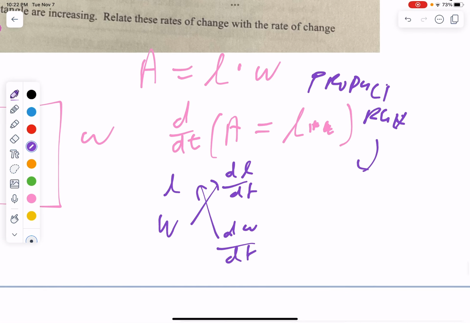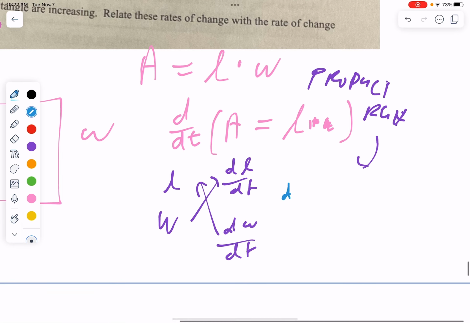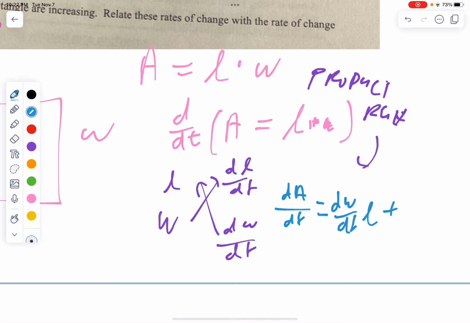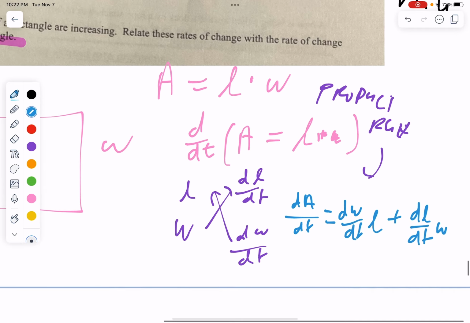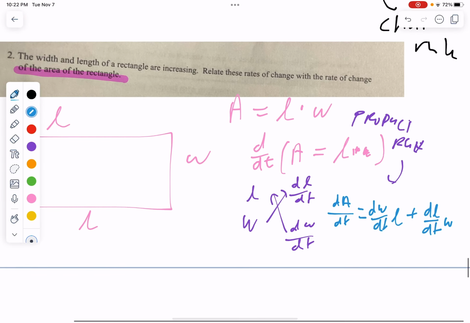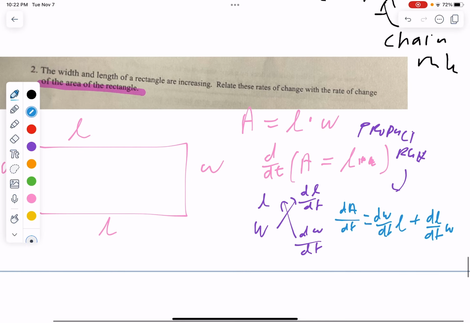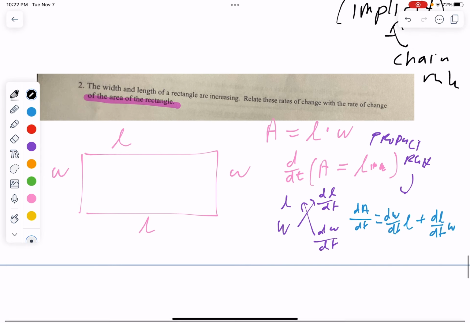So you literally have dA/dt, because that's the change of area over time. dA/dt is going to be dW/dt times L plus dL/dt times W. And that's basically your rate of change of the area of the rectangle.